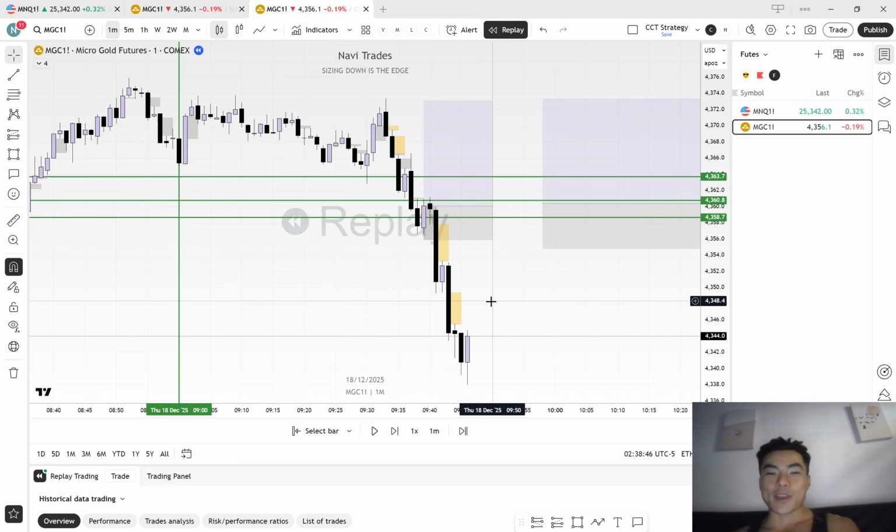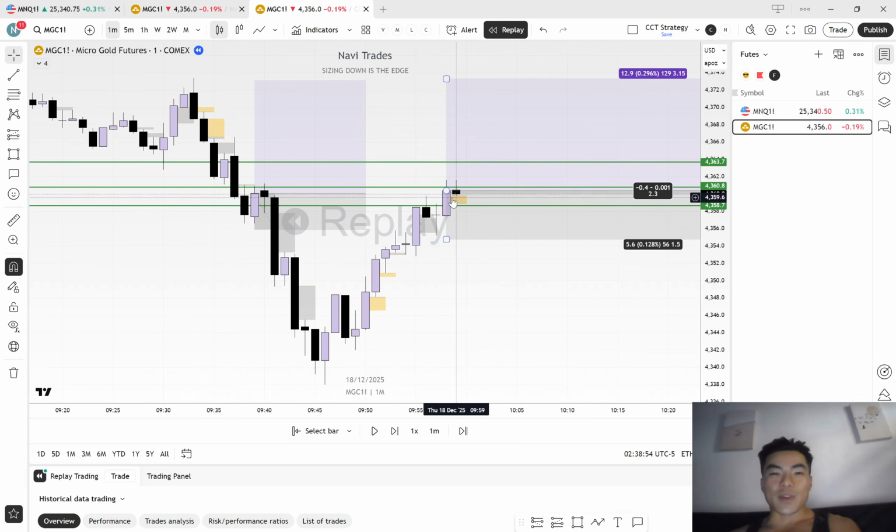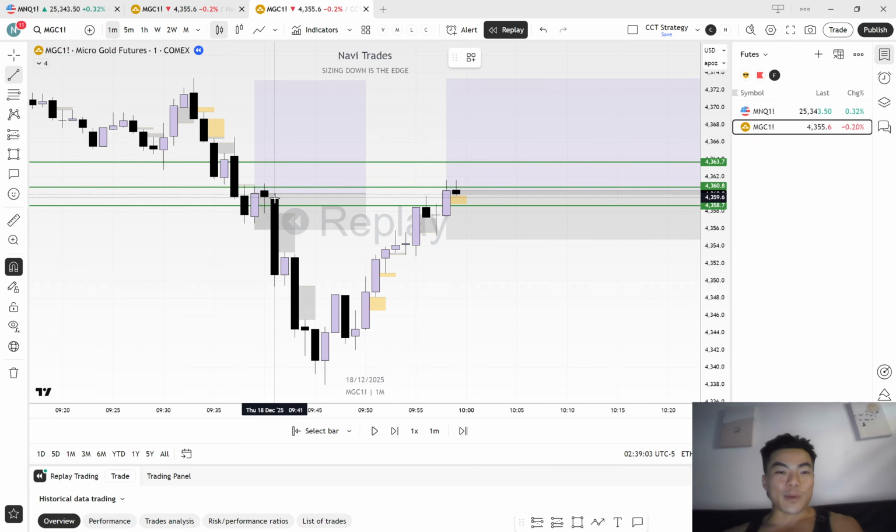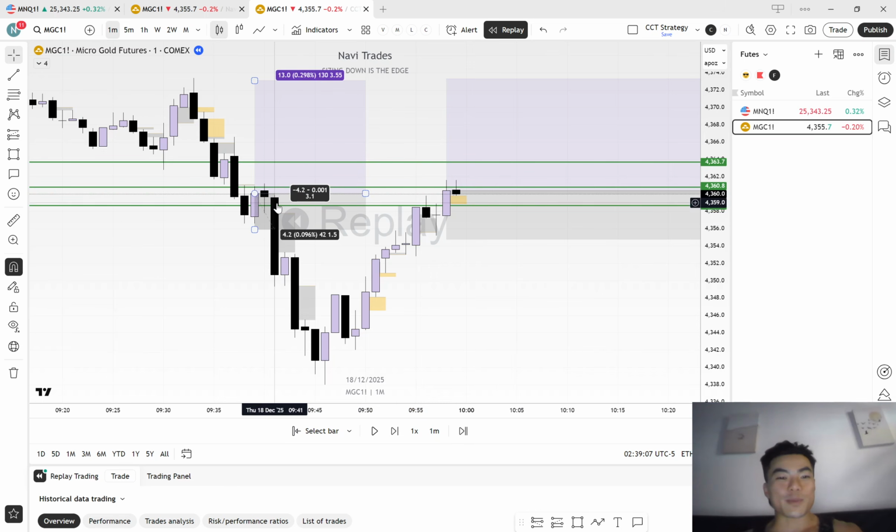Shocking, stopped out. But we do get another chance, I believe. Yeah, so at this point, you get a strong close back above the POI, and we do close above this candle, which took us below this POI.